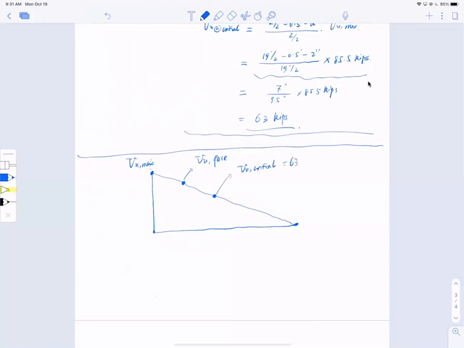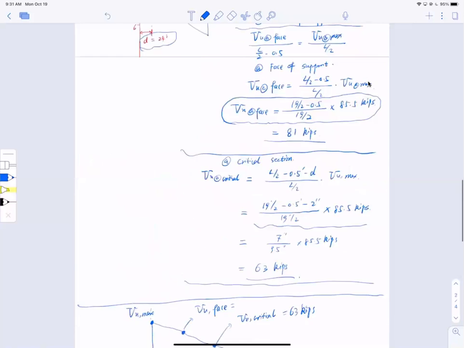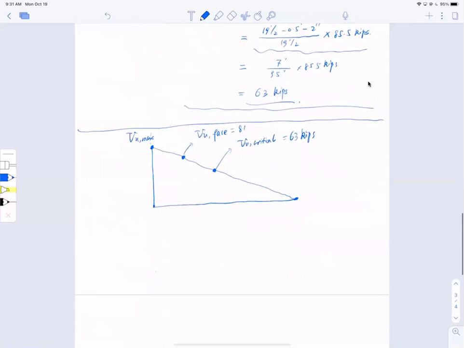This is 63 kips. And this is, I believe, 81. And that is 85.5 kips. Not only that, we have distances.